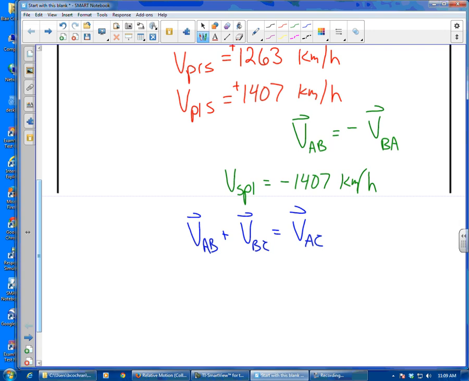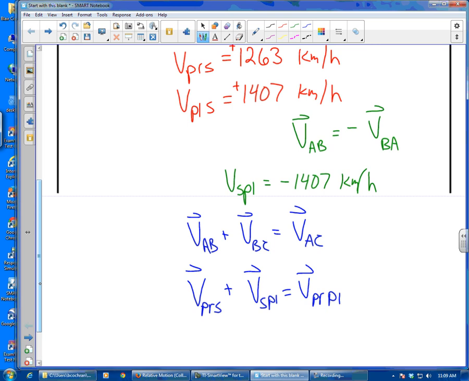I want to end up knowing the velocity of the pirates with respect to the police. So that means I need the pirates with respect to something, and something with respect to the police, and the B's, the inners, have to be the same, so let's do it with space. So if I know the pirates with respect to space, add to that space with respect to the police, I'll get the pirates with respect to the police.